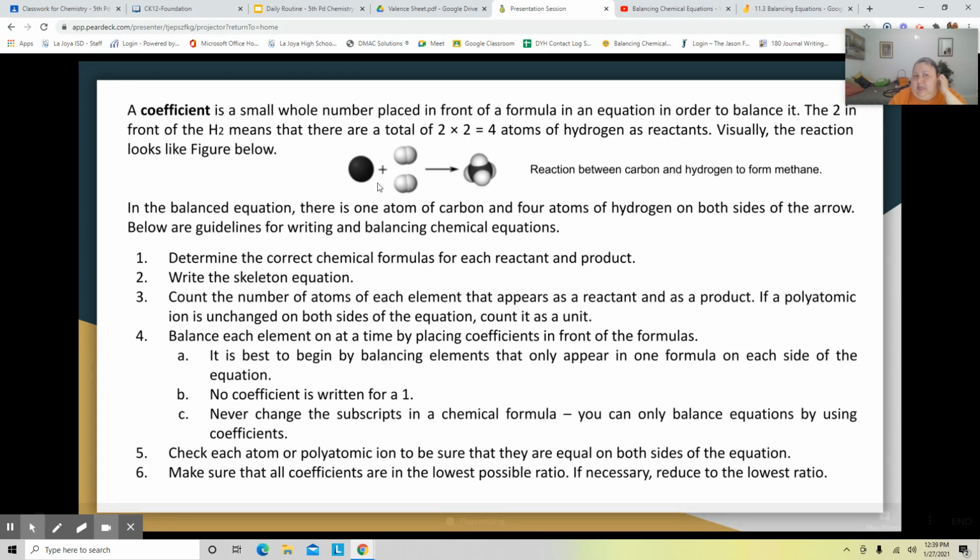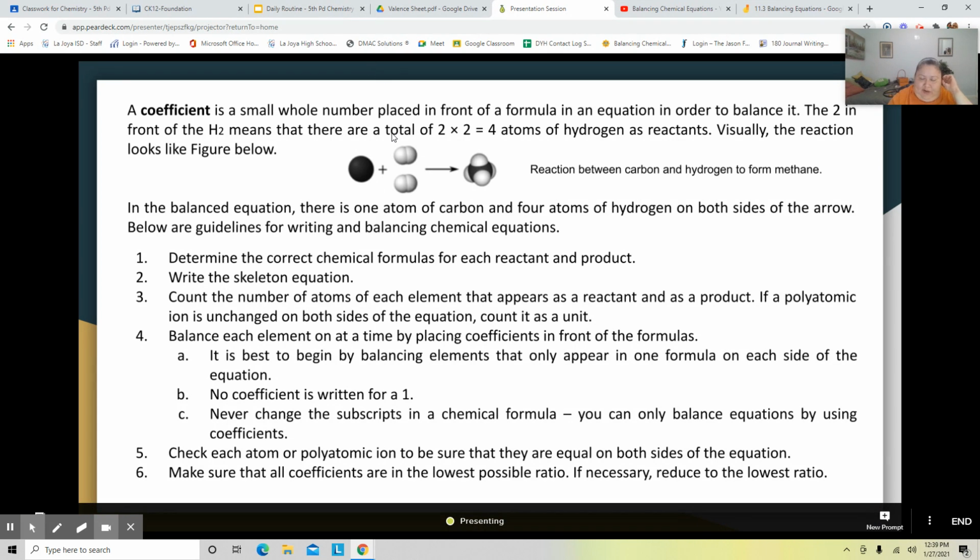And don't worry, I'm going to show you an example of what I mean by that, okay? So if you're not really sure about what I'm talking about in that last part, there is an example coming that will involve ions or polyatomics. Balance each element one at a time by placing coefficients in front of the formulas.